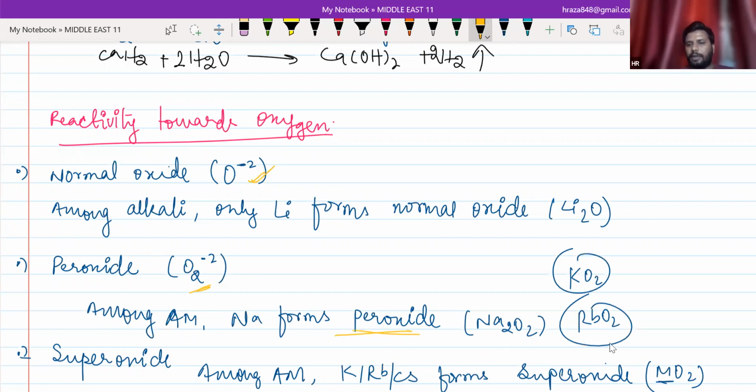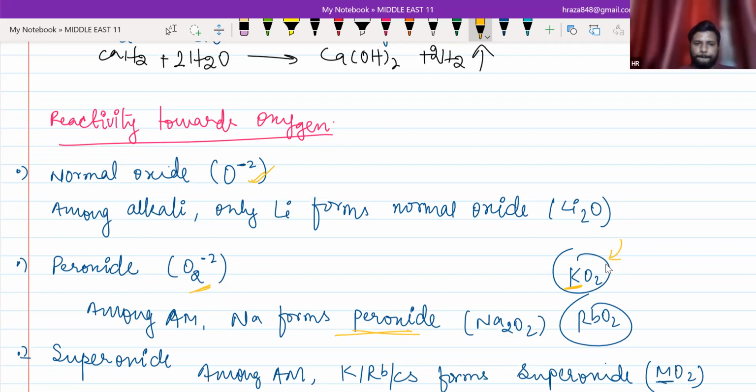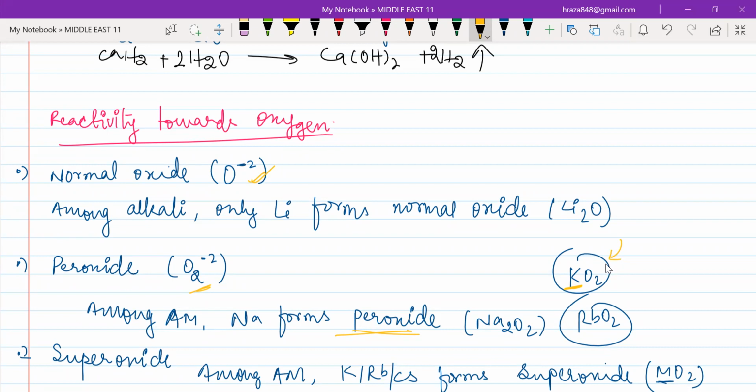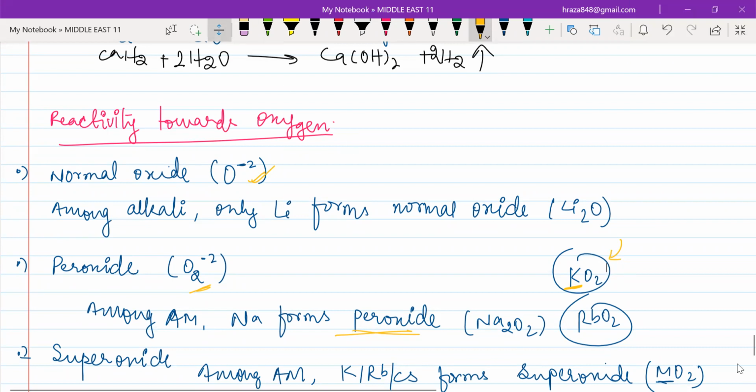And if there are two oxygens and potassium can give only one electron, it will share, that means superoxide. Is this clear? Yes, sir. Done, sir. Okay, just write it. Very good.